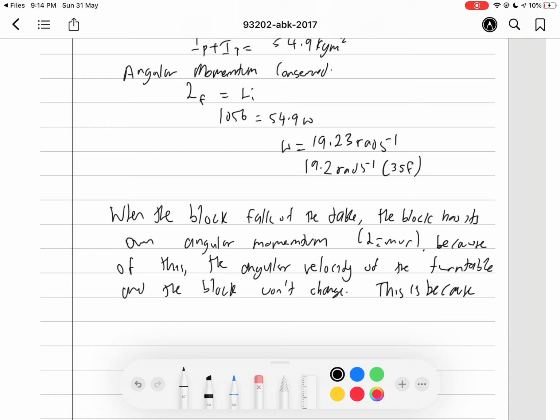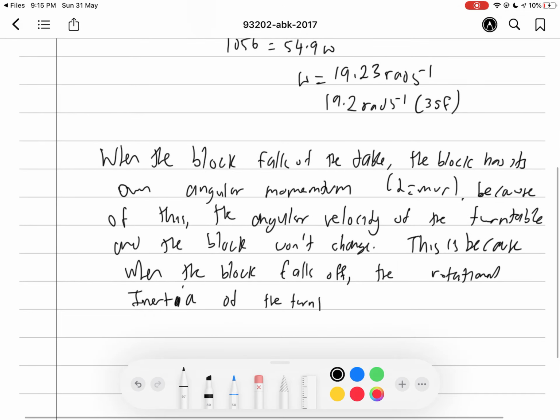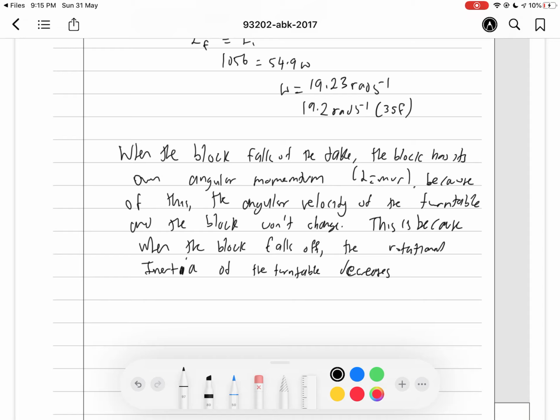This is because the rotational inertia of the turntable decreases, due to the block falling off.